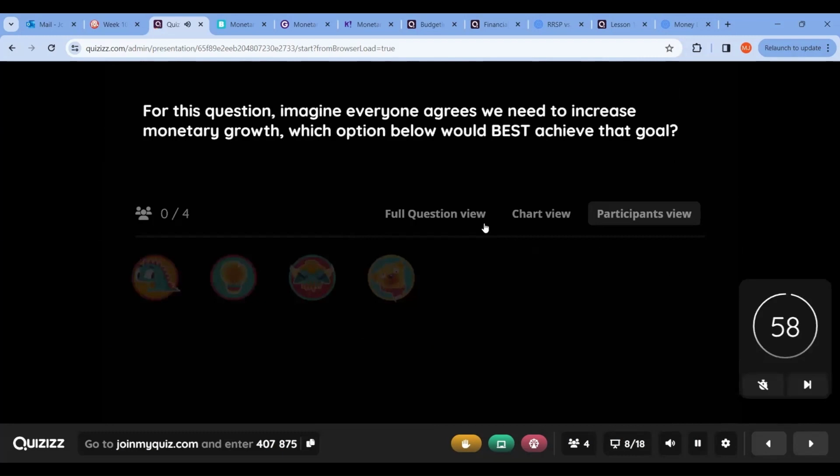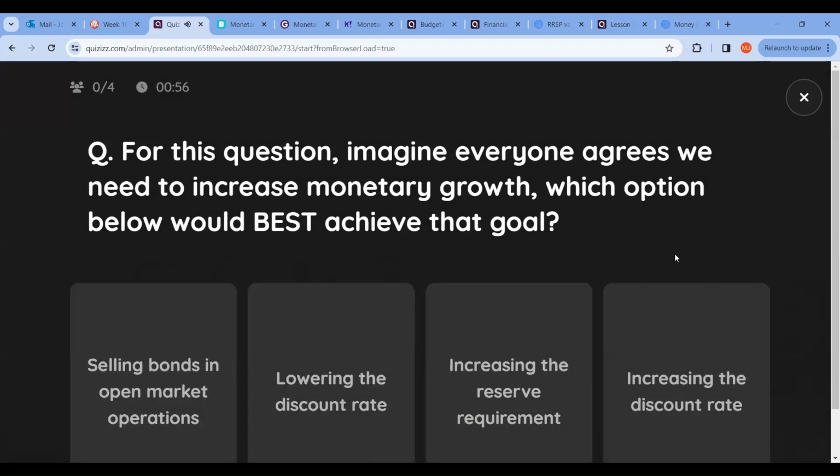For this question, imagine everyone agrees we need to increase monetary growth. Which option below would best achieve that goal?